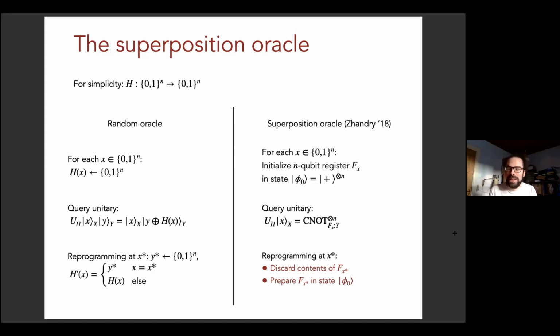So there's really a concrete algorithmic way of reprogramming the superposition oracle. It's almost a physical and concrete way. In the standard way of thinking about a random oracle, we think about random variables and so on. But here we think about concrete quantum registers, and we can just perform some operation to reprogram it.